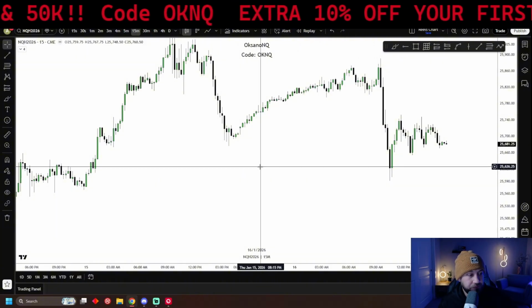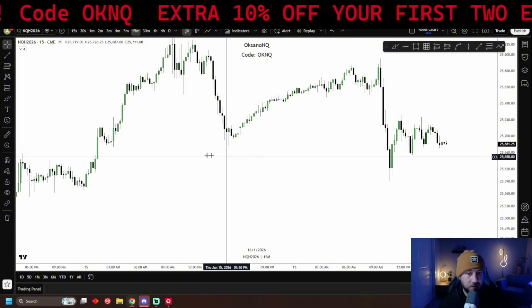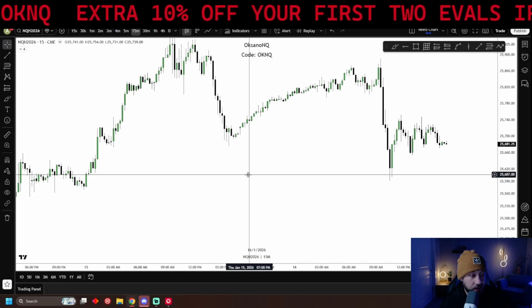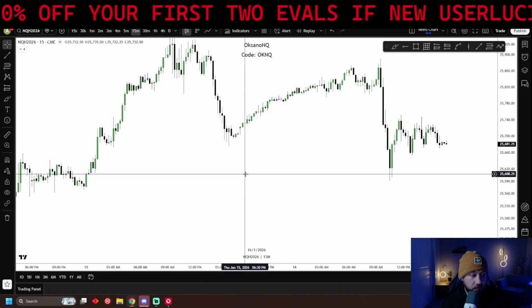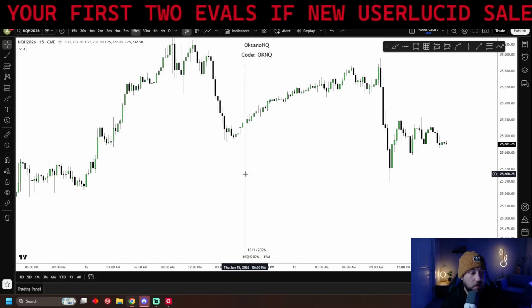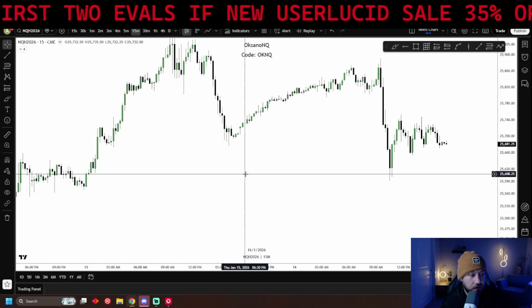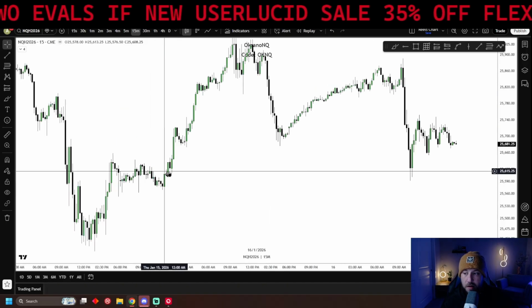That's why, for my setup checklist, I like sweeps on the 5-minute time frame more than lower, because it's a more significant sweep.